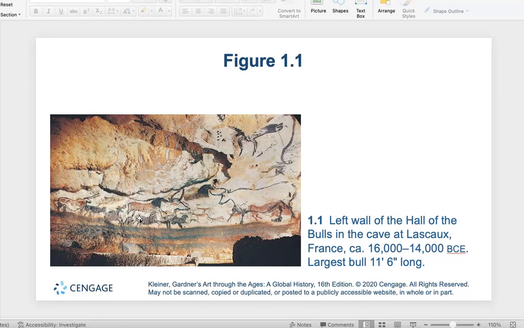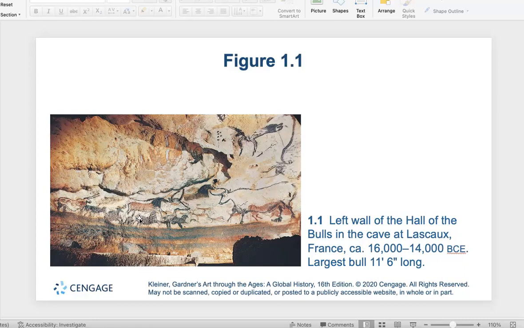Each individual animal was maybe considered a representation of this, that, or the other deity that they might have believed in. What could that have been? That's another question. What kind of deities did they believe in? If they believed in anything, we don't know.